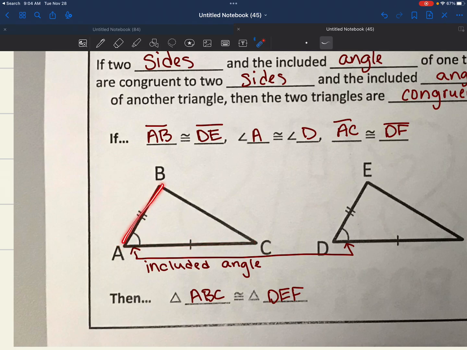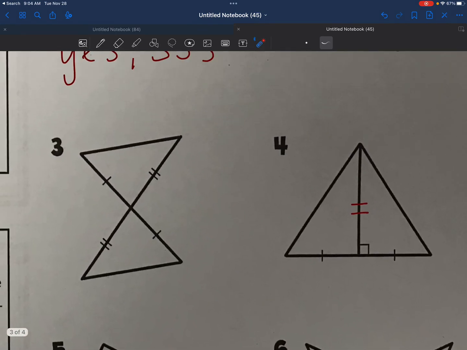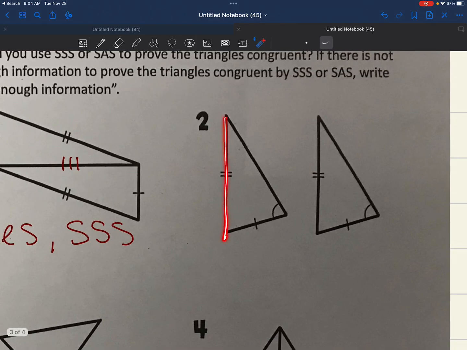In between, right, where those two sides connect. So let's look here. This side connects here. Is that where my angle is located? No. So would that fall under side angle side? No. Okay, so this one will not work.